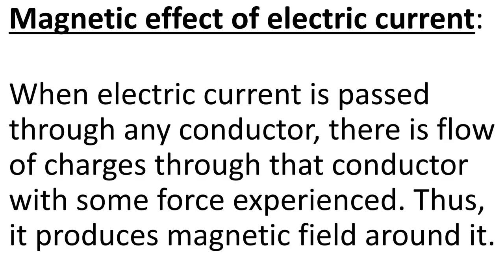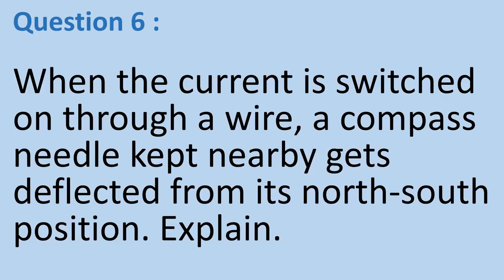Thus, it produces a magnetic field around it. Question number 6. When the current is switched on through a wire, a compass needle kept nearby gets deflected from its north-south position. Explain.